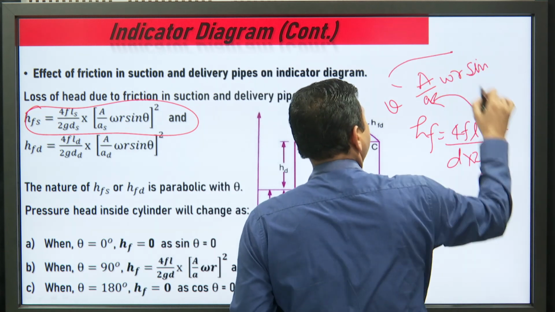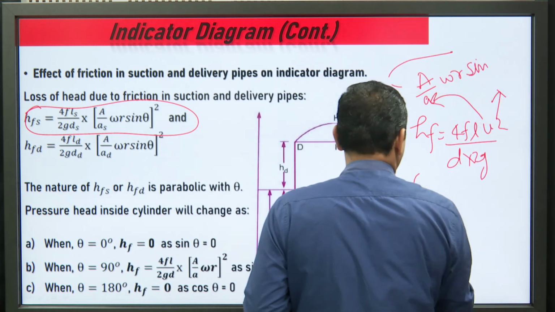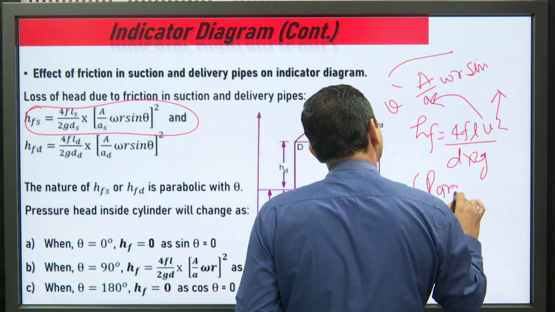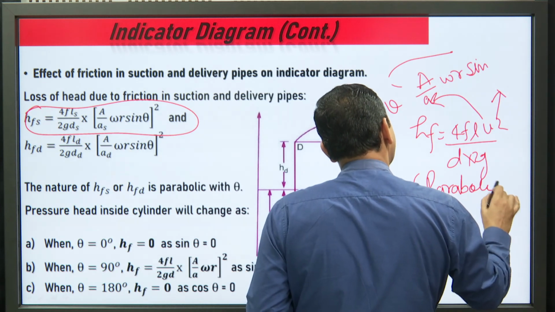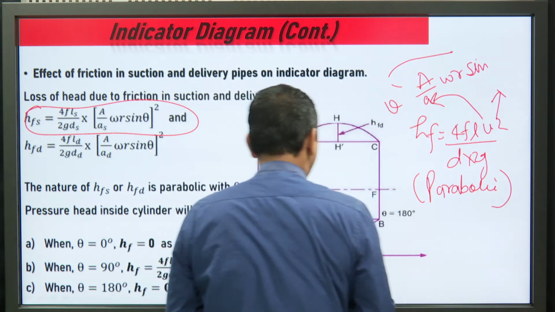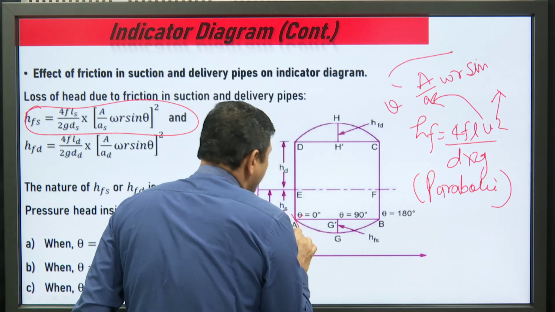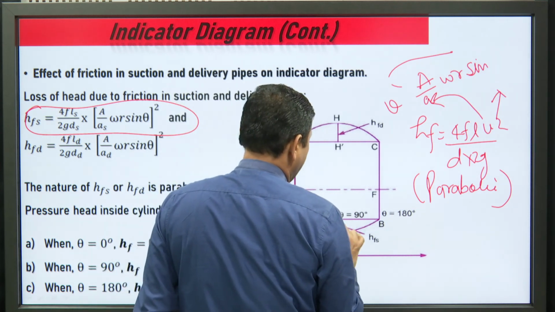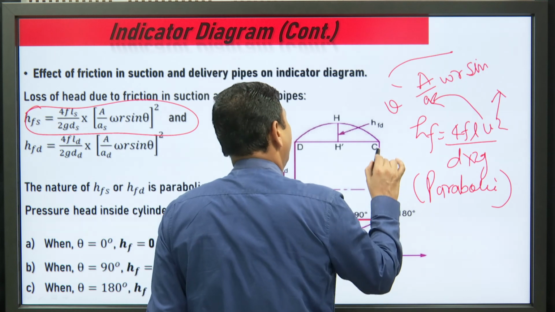So the nature is parabolic, in the suction stroke, where A B C D is the indicator diagram.